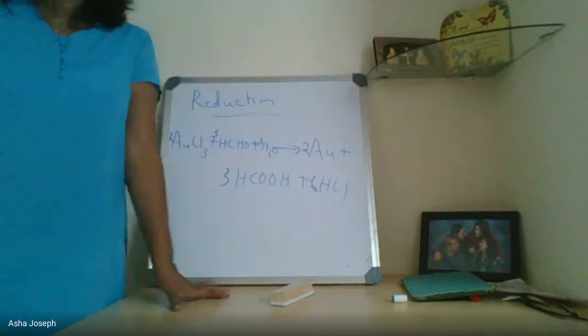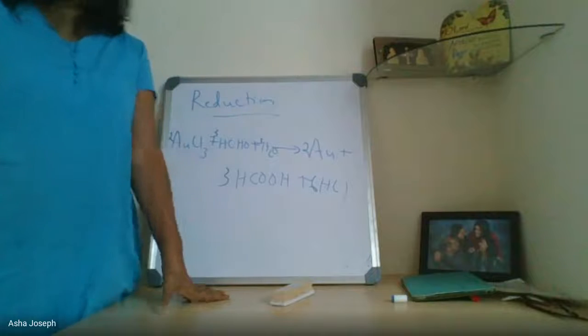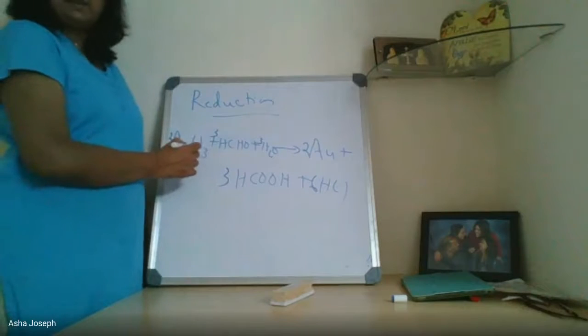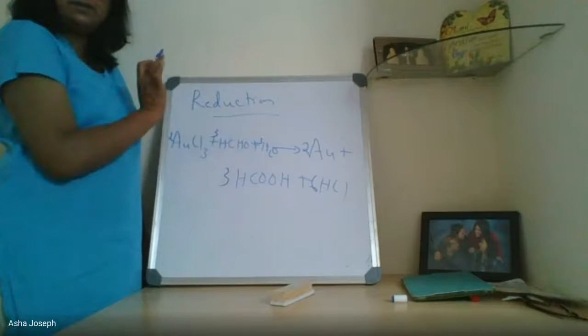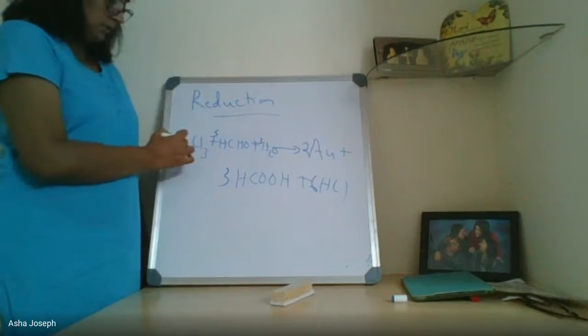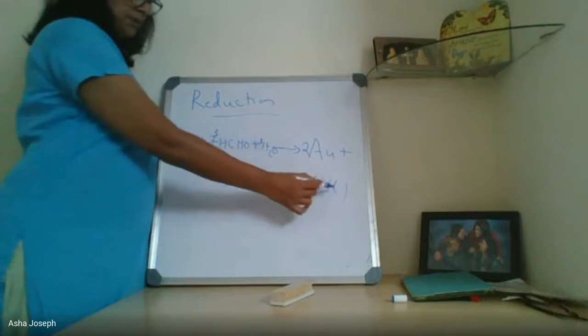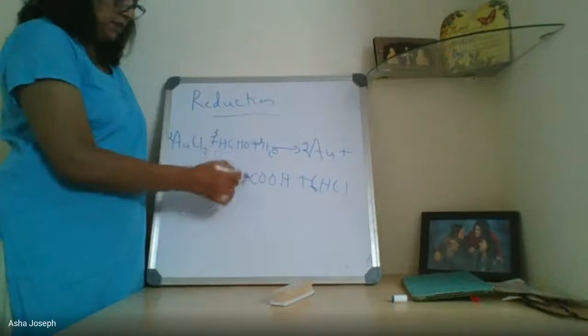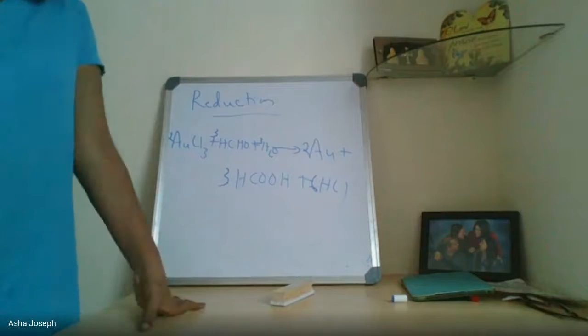And remember the things I told you. Gold salt, so the gold compound is auric chloride, and formaldehyde is the reducing agent, solution, water. Now gold chloride is converted to gold. Chlorine comes out as HCl, HCHO, HCOOH. Now balancing. Got it?